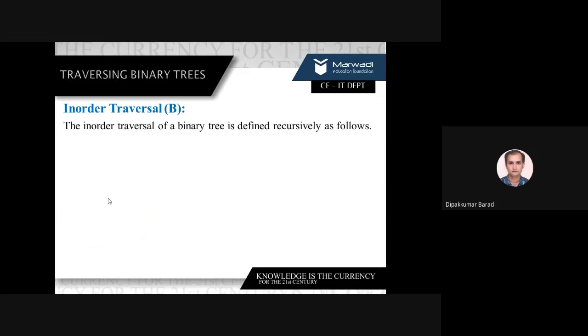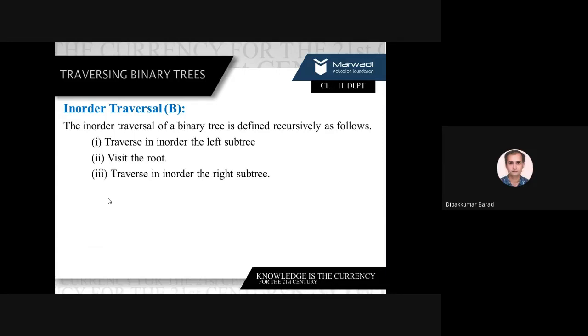Now in-order traversal means traverse in order: first you visit the left subtree, then the root, and then traverse in order the right subtree. So from left, then root, and then right subtree. Here we haven't any left subtree of B. Suppose if you had G here, then first you would visit G, then B, and then the right subtree.